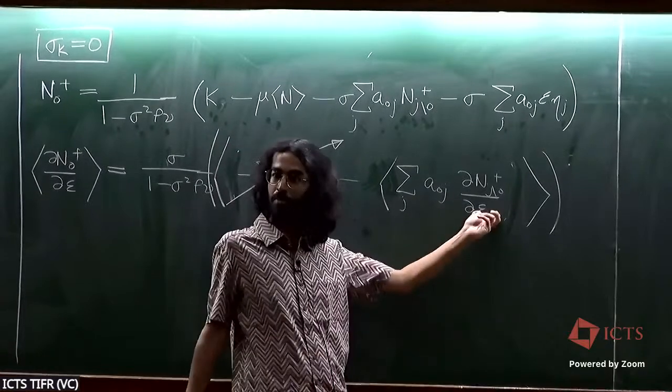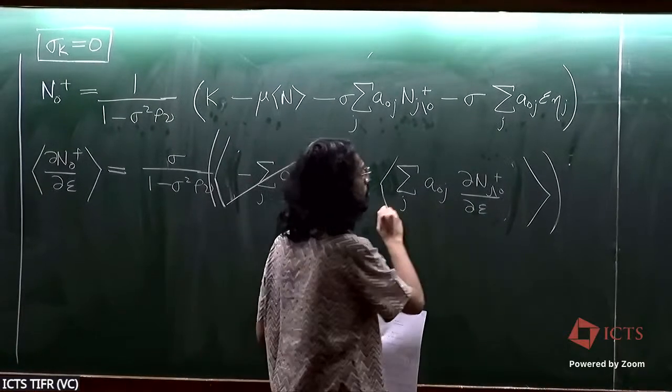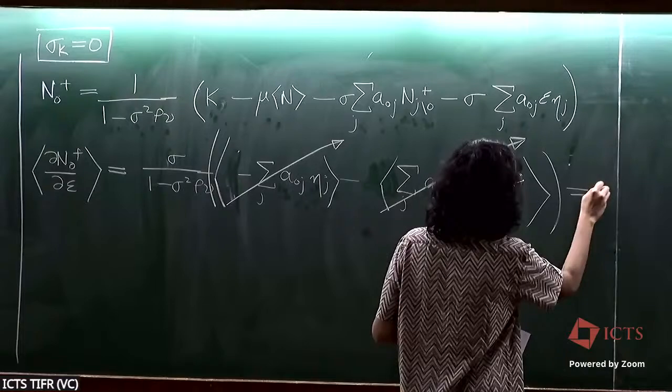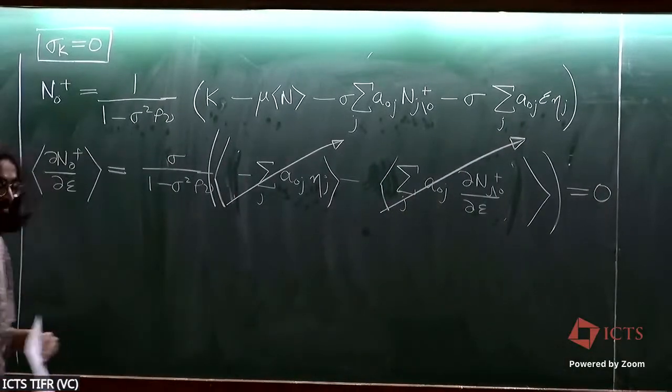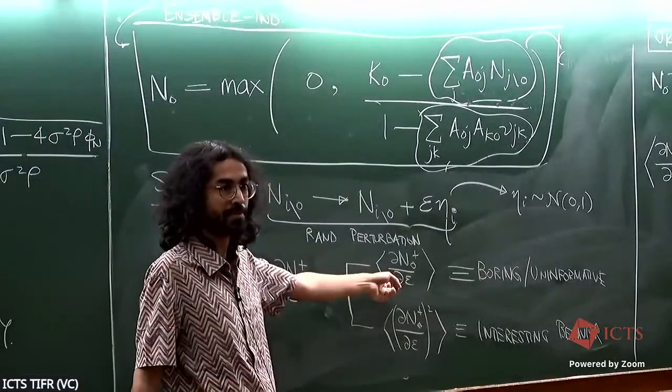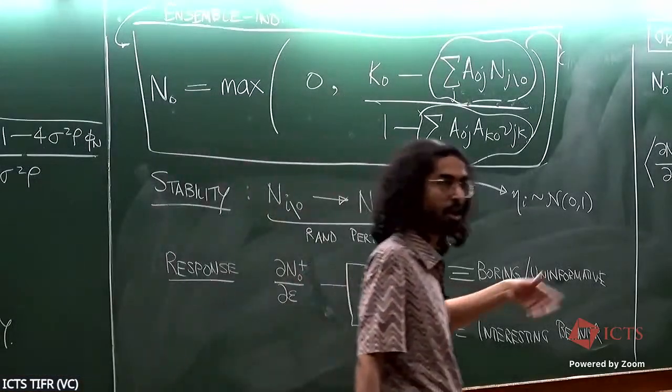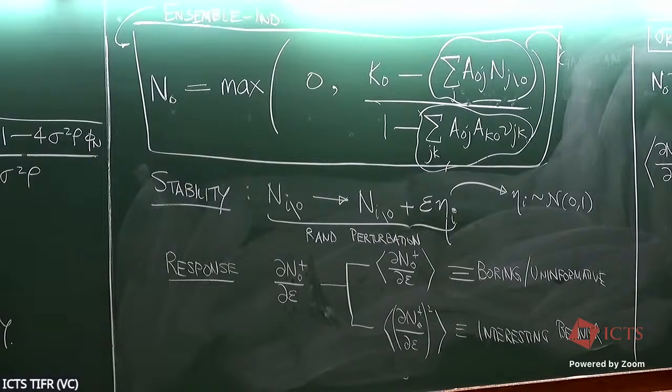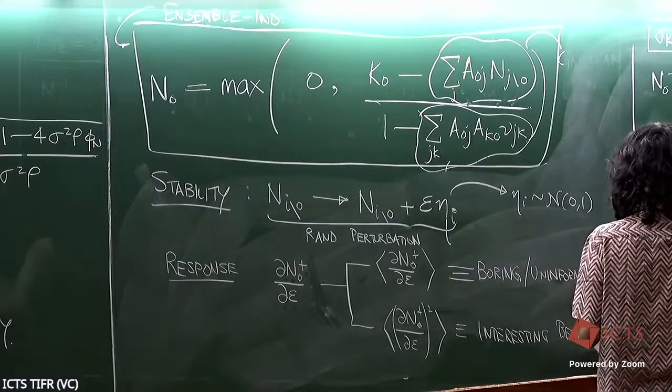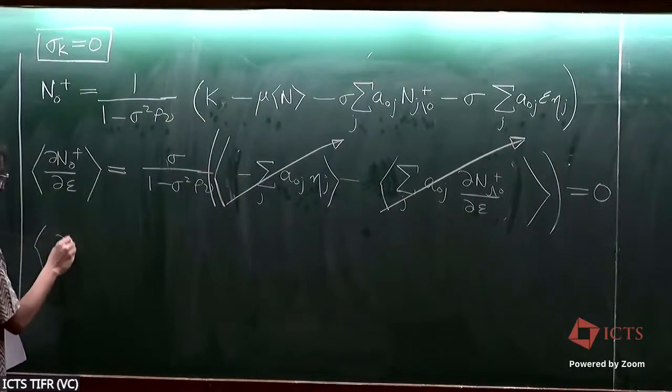Similar argument to be made here. This will also be 0. This is 0 always. And this is what I meant by the first moment of this response is boring. It's just always 0. Some species go up, some species go down on average. But this is not going to be the case when I look at the second moment.